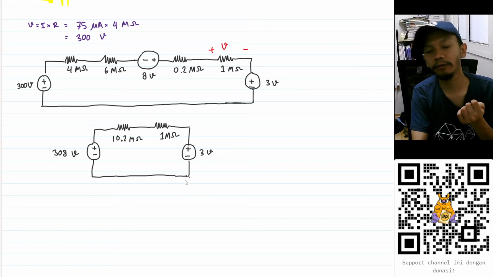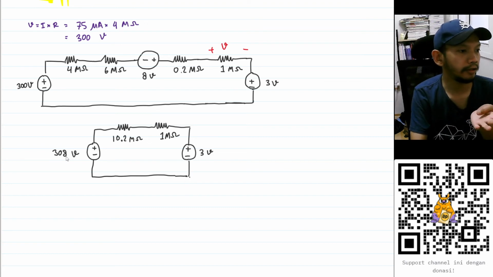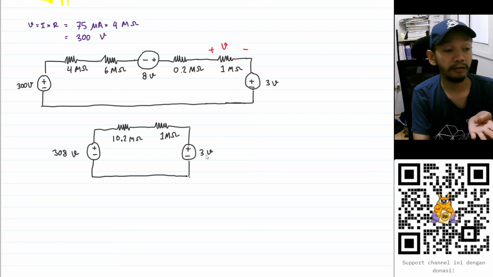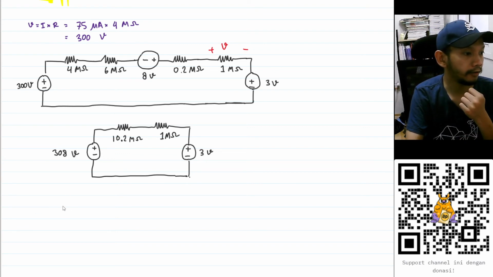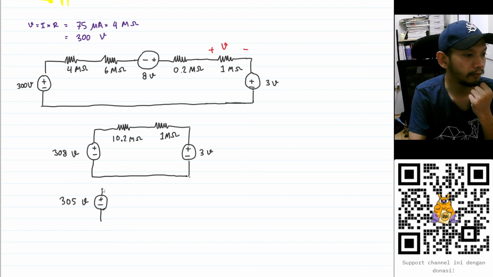Okay, now I want to combine this one. So 308 and 3 volt, we can combine them, becoming 305 volt, because the sign will be the same here, so we will subtract each other. 305, and then we will have this 10.2 mega ohm, and then this 1 mega ohm.